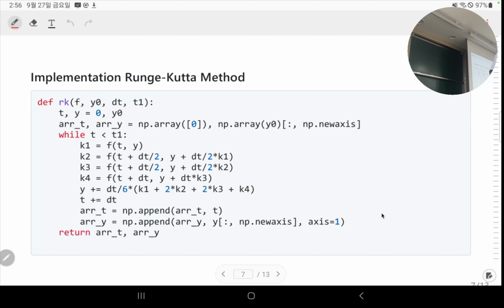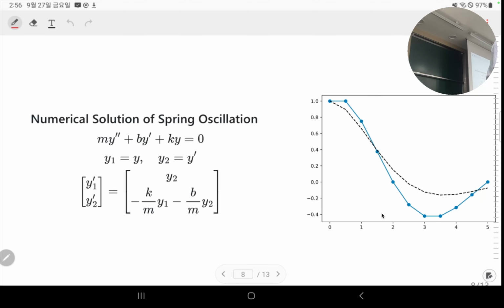So let's see here. This is the result of Euler and Runge-Kutta method applied on the spring oscillation case. I set my m and k to arbitrary numbers, and on the right you see the graph of the points obtained from the Euler method and Runge-Kutta method.